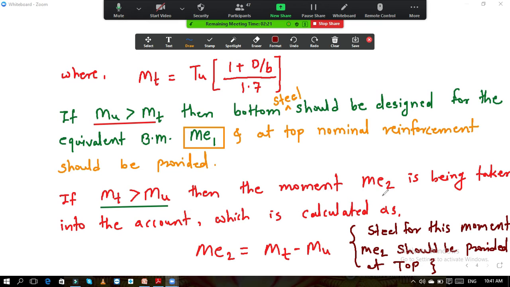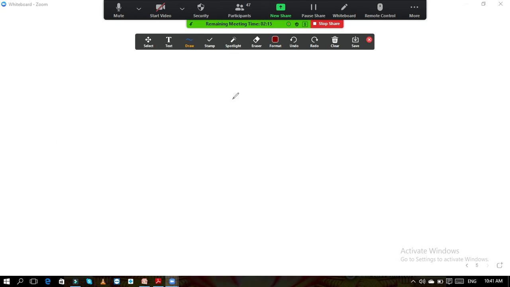Okay, so the next is the shear reinforcement. Part A is over now, that was longitudinal reinforcement. Now part B, that is shear reinforcement.